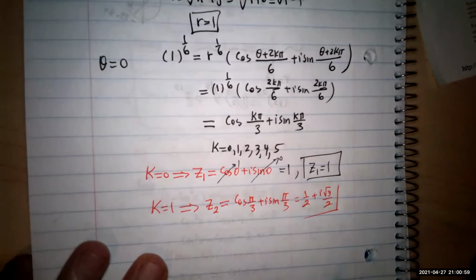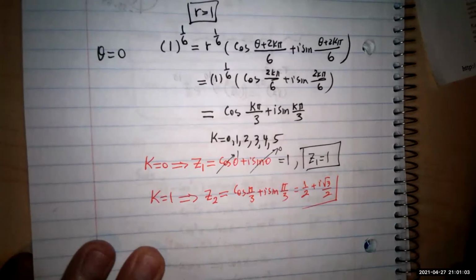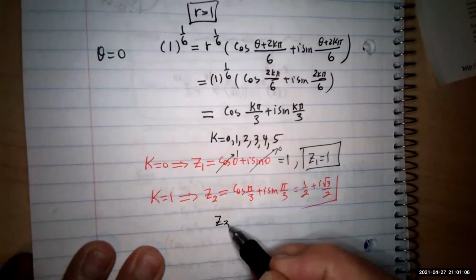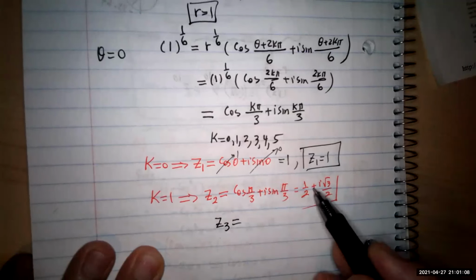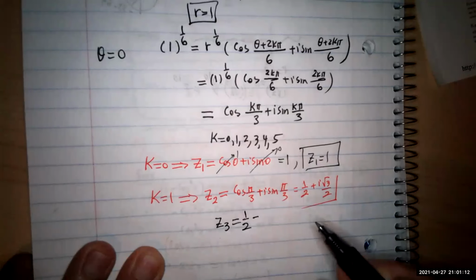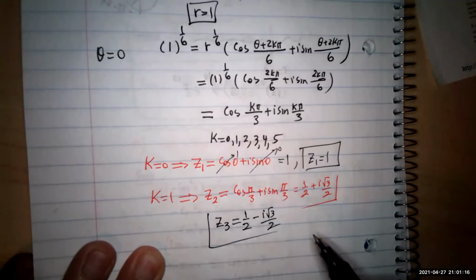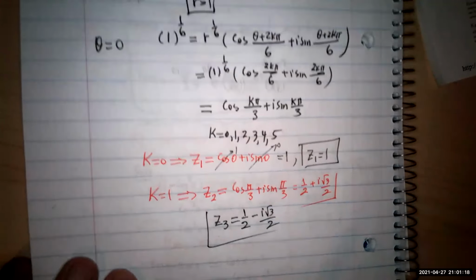This is the second one. Quickly, you can get the conjugate, the free one. So the third one is going to be your conjugate, which is 1/2 minus i radical 3/2. So that's 1, 2, 3.